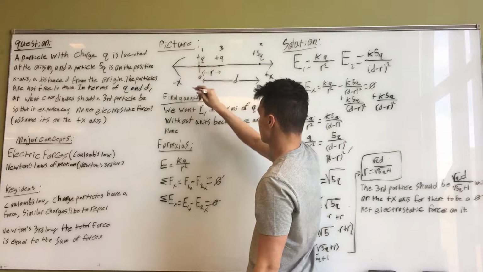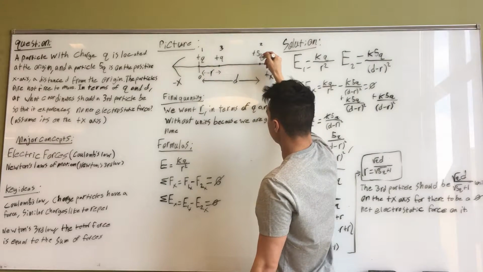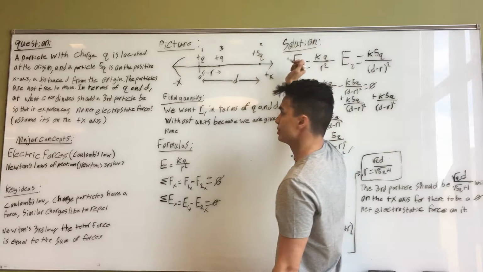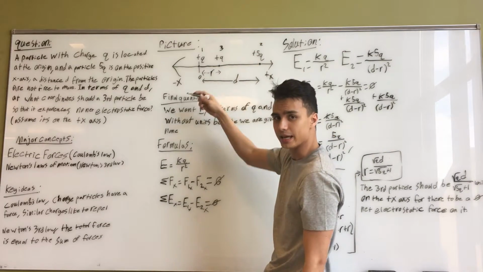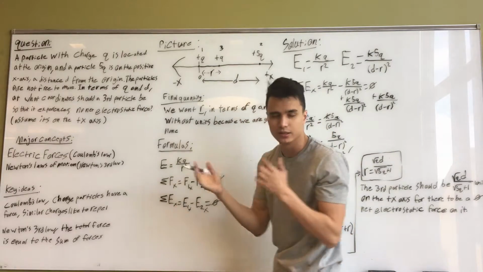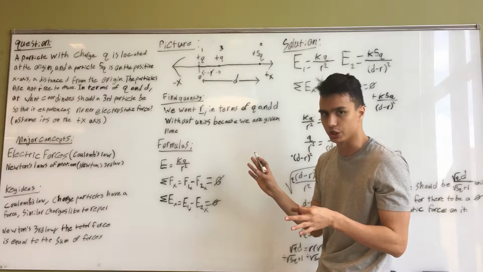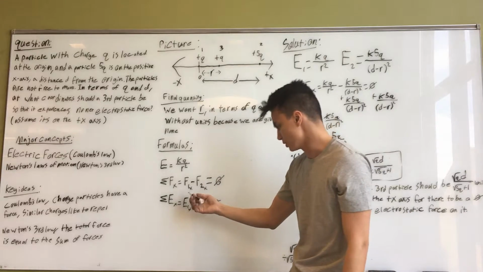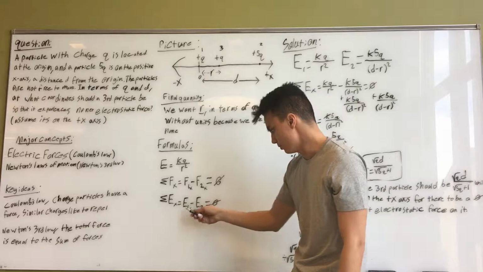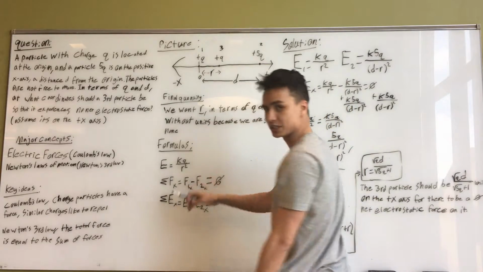Since charge 1 is pushing this charge in the positive x direction, and our second particle is pushing particle 3 in the negative x direction, I've determined that we can just subtract the force that particle 2 is applying on particle 3. So the sum of forces here should still be 0, but instead we have minus the electrostatic force of particle 2 in the x direction.